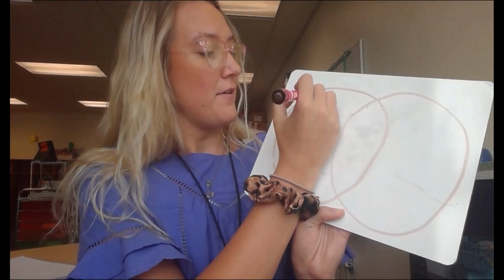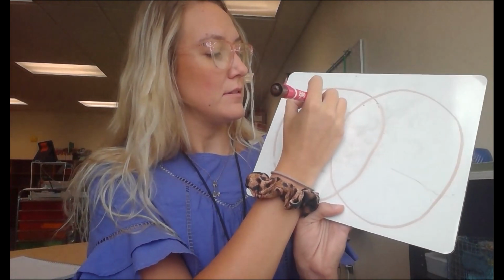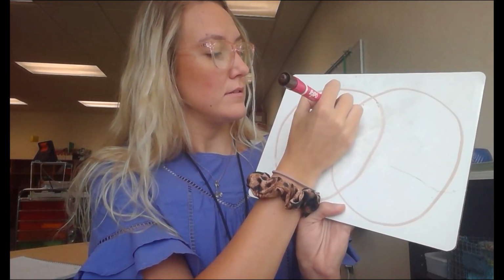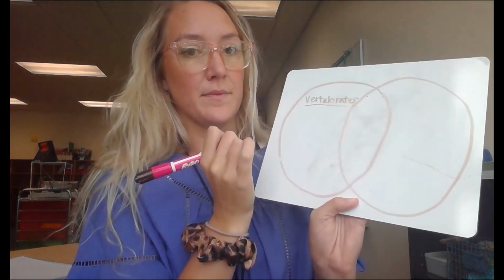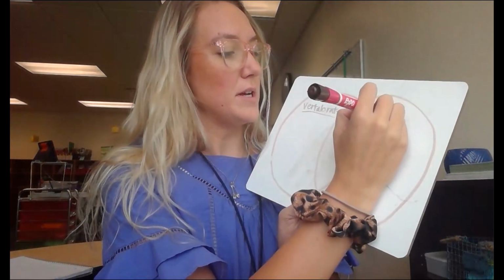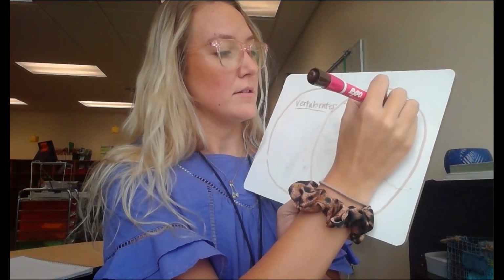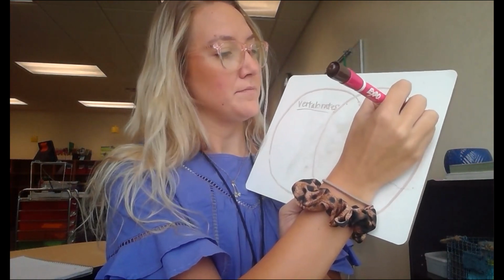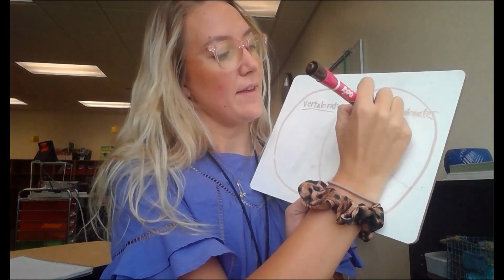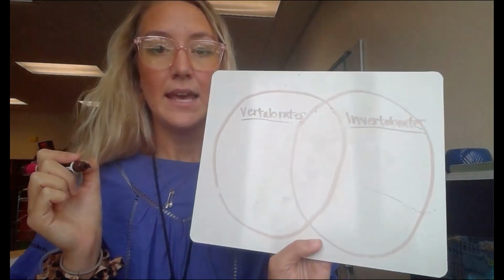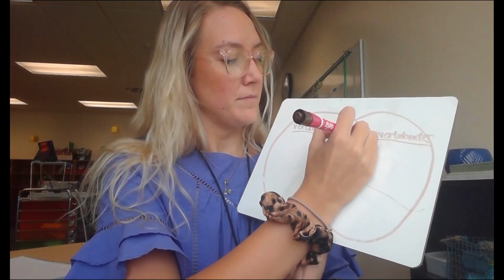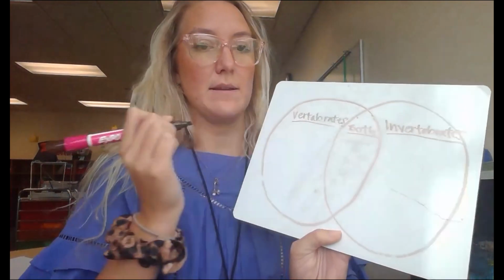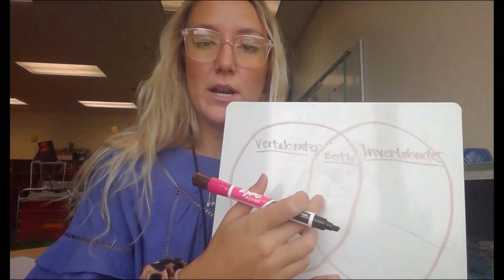So we're going to write vertebrates and underline it. And then invertebrates. And then underline it. In the middle, you can just write both. And then underline both.